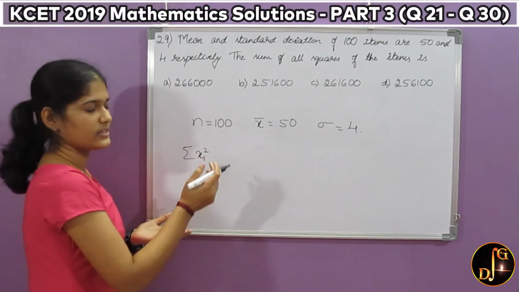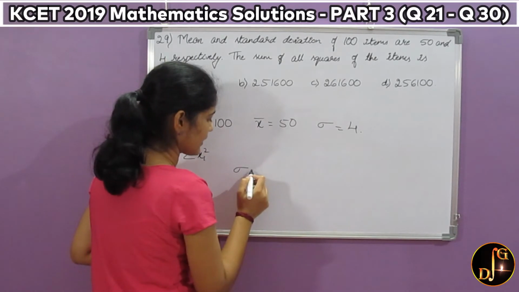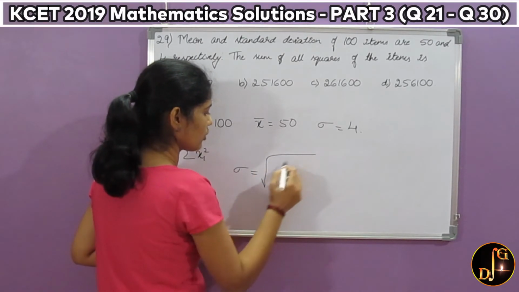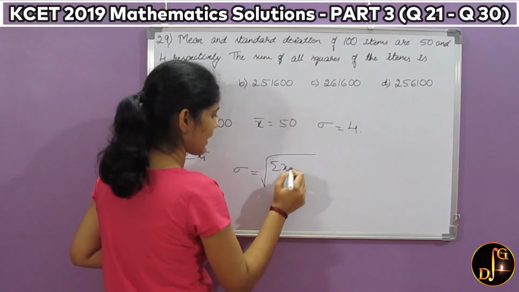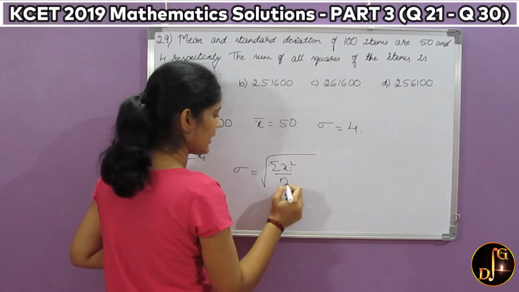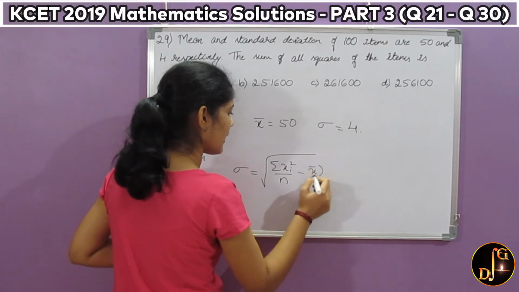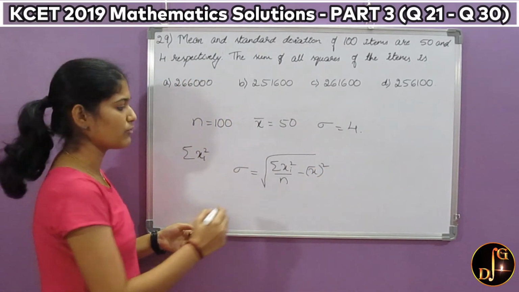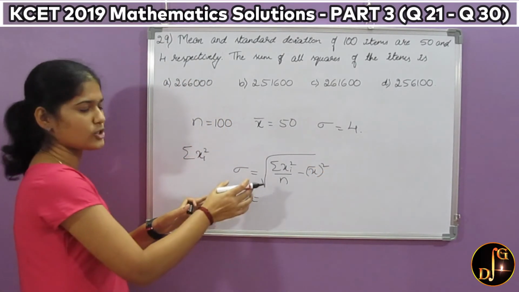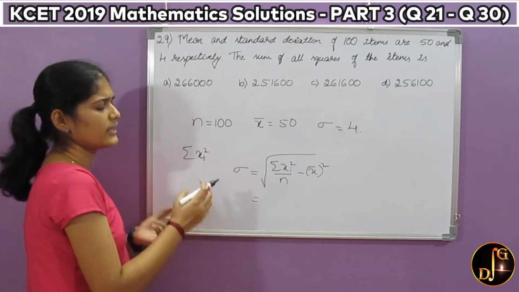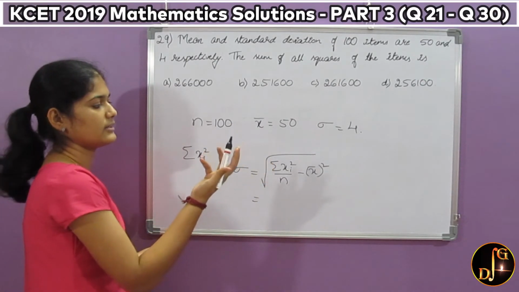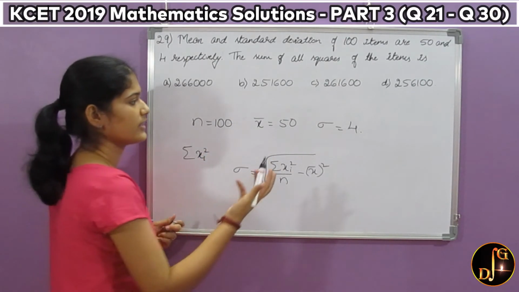How to find this? We know the formula for sigma, right? That is square root of summation xi square divided by n minus x bar whole square. This is the formula. Now let's substitute all known results in this. Then we will get the summation xi square directly, right?